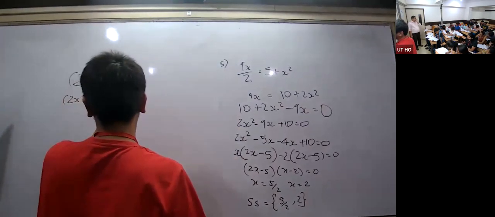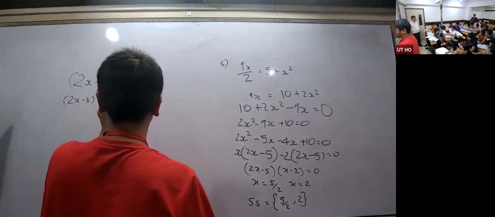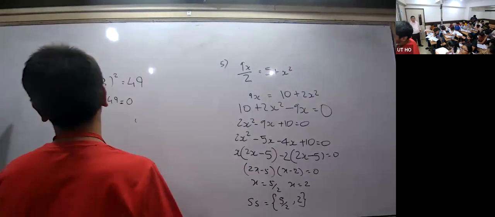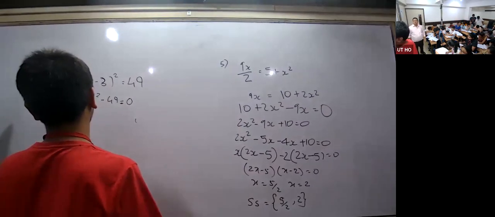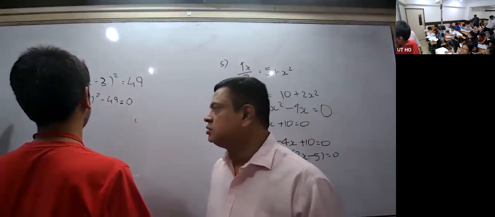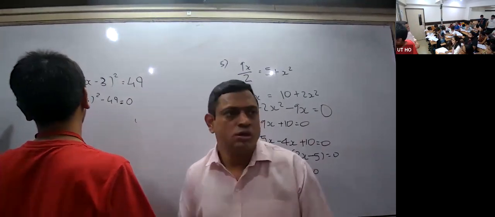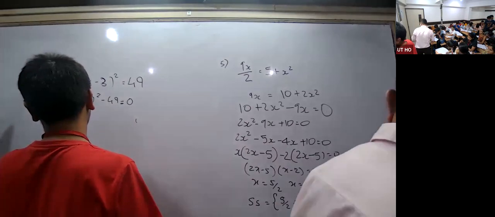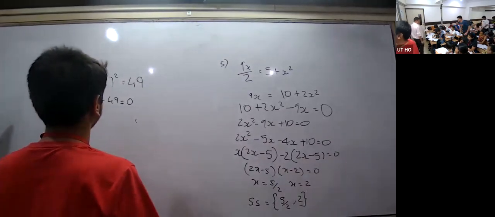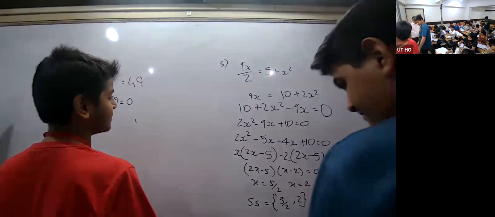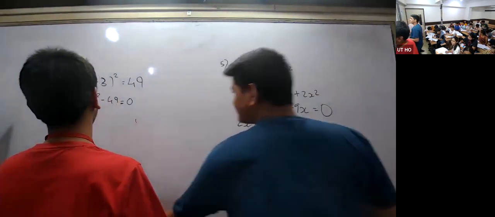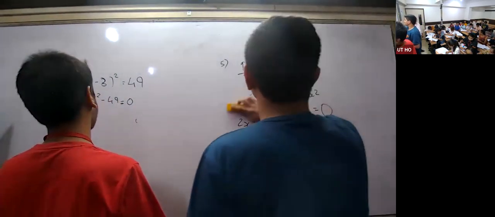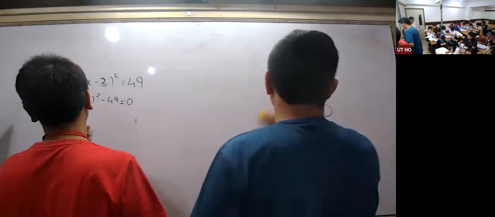Please stand up. Come here. Then 49 can be written as what? 7 square. Rub the board. A square minus b square property, you know how to apply. Now then what are you waiting for? Write into that form.